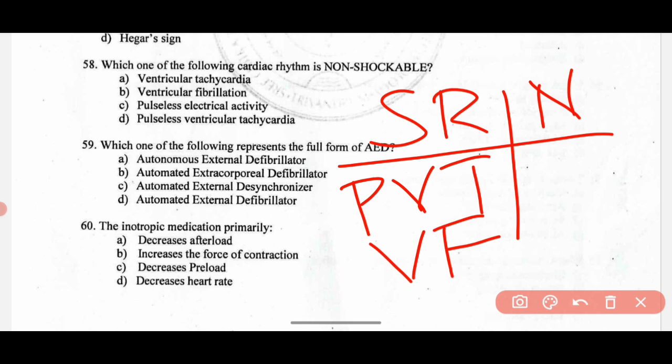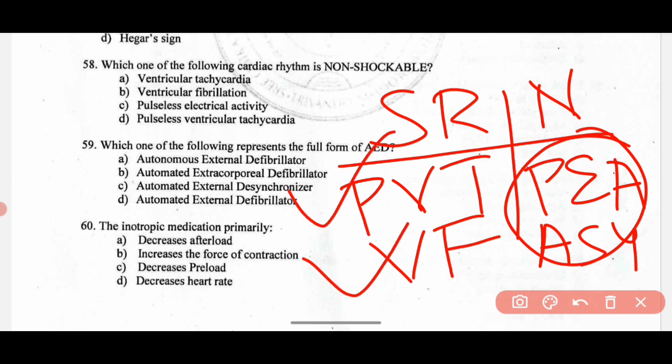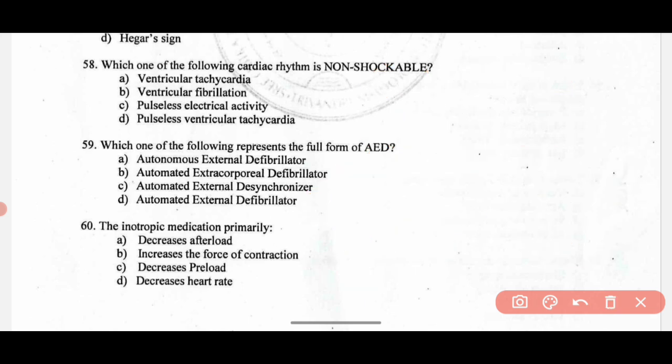Non-shockable rhythm means pulseless electrical activity and asystole. In these two, even if you give a shock, it is of no use at all. Whereas if you give the shock, you can restart the heart in pulseless ventricular tachycardia and ventricular fibrillation. So these two conditions come under shockable rhythm.